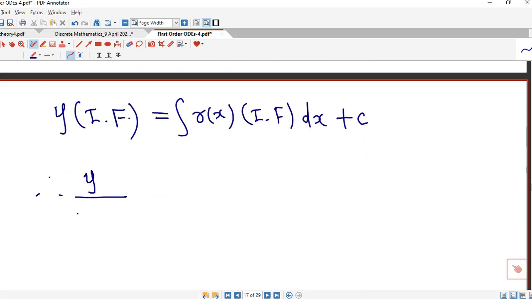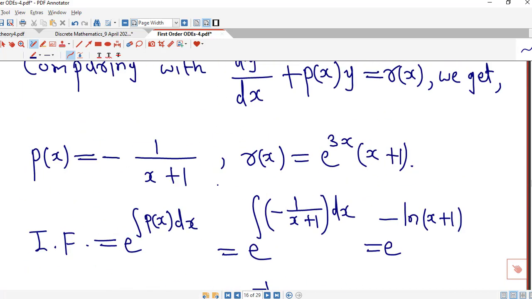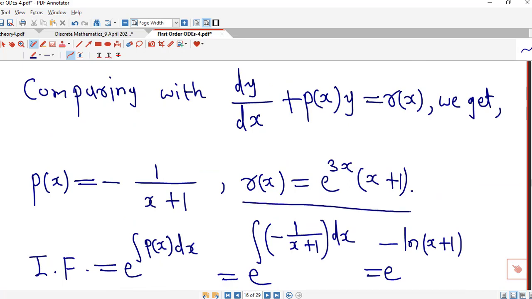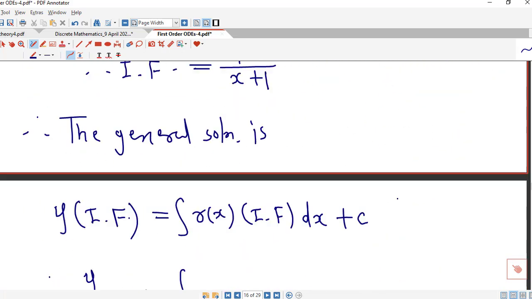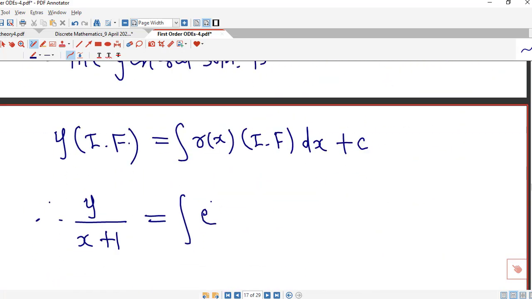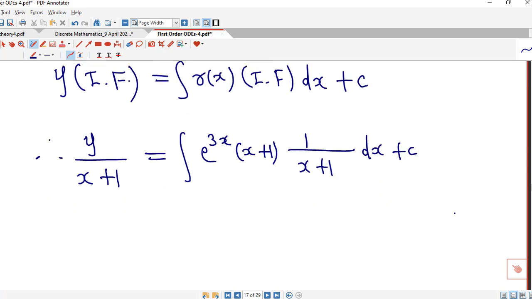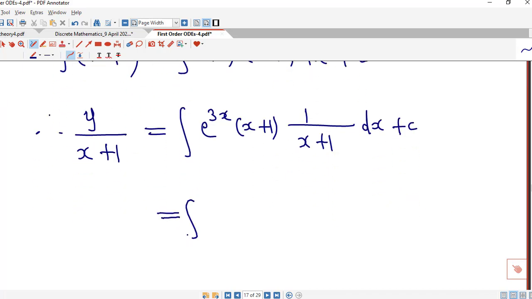Therefore y divided by x plus 1 equal to integral of, the right hand side r(x) equal to e raised to 3x times (x plus 1), and the integrating factor is 1 divided by x plus 1. So x plus 1 will cancel out, and here we have e to the power 3x dx plus c.